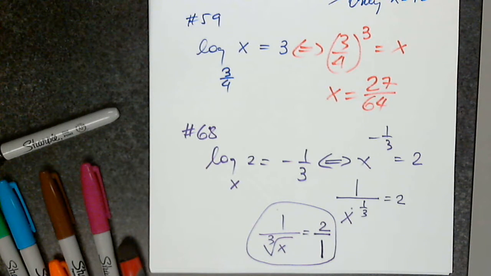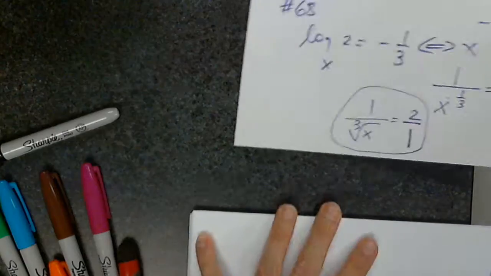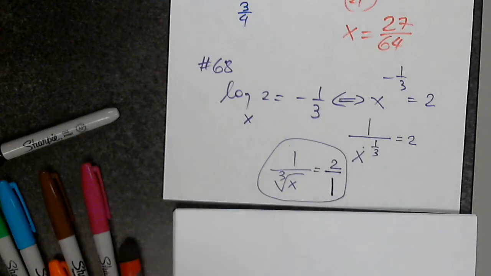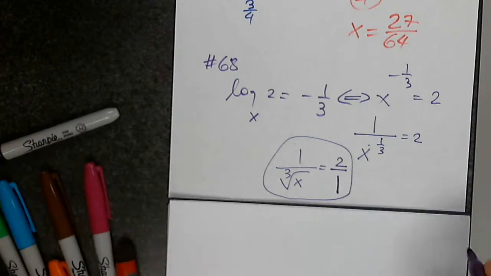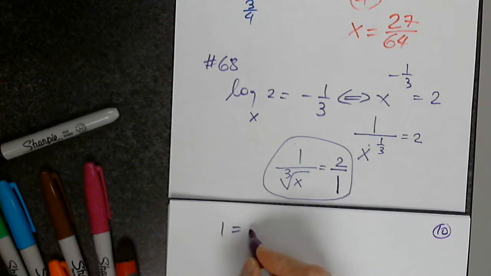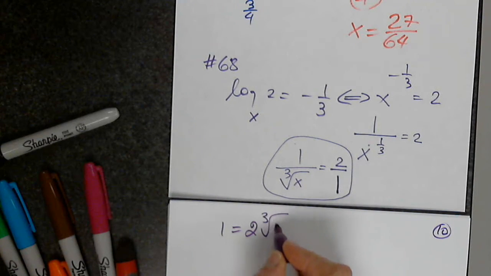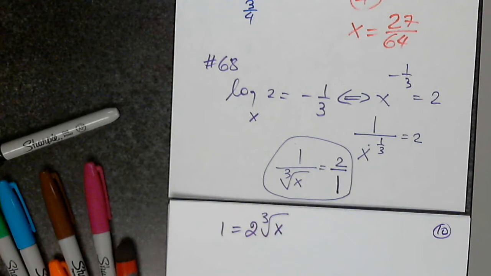Proportion. Right? Let's cross multiply. One side is 1. The other side is 2 times the cube root of x. I wish I could raise both sides to the third power, but I need to clean it up first.